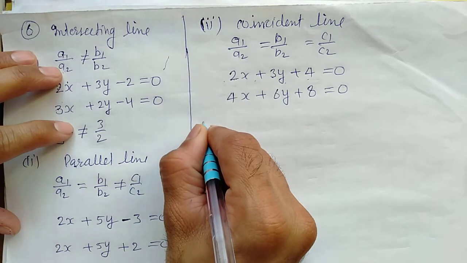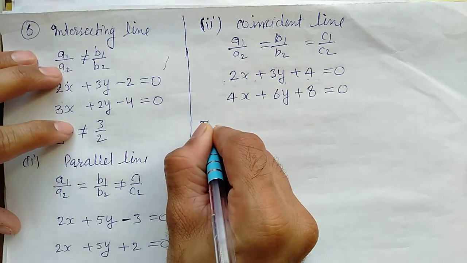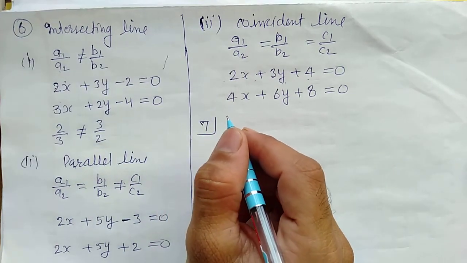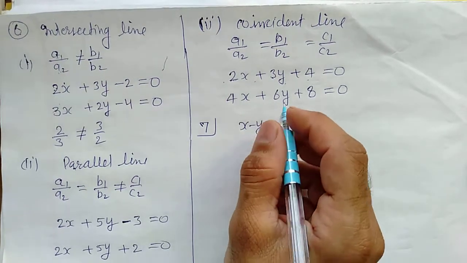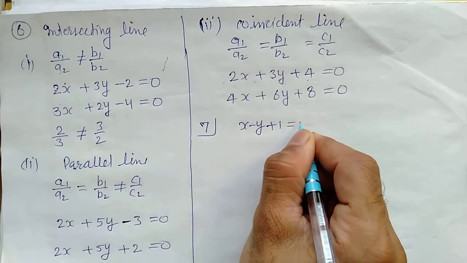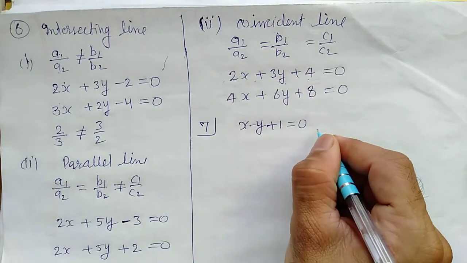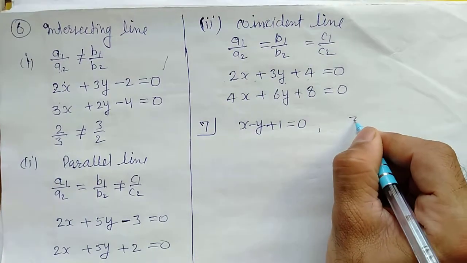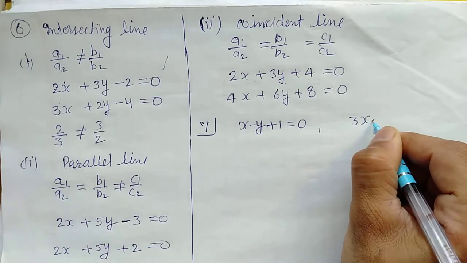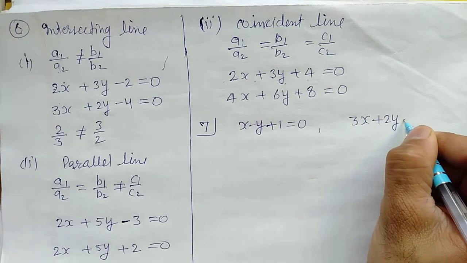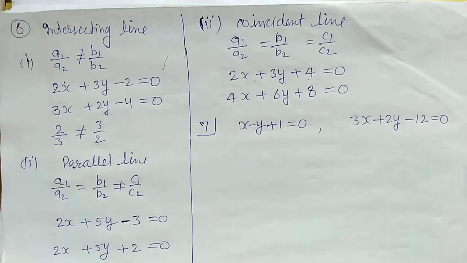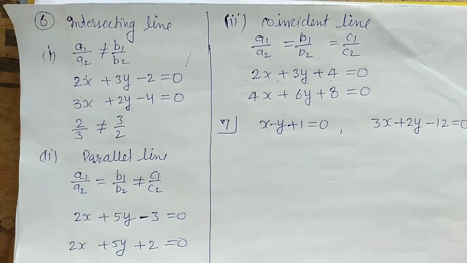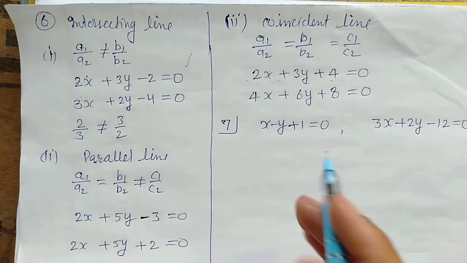Now question number 7. Last one. Draw a graph of the equations. Two equations are there. x minus y plus 1 is equal to 0 and the second one is 3x plus 2y minus 12 is equal to 0. Now first we will solve it.